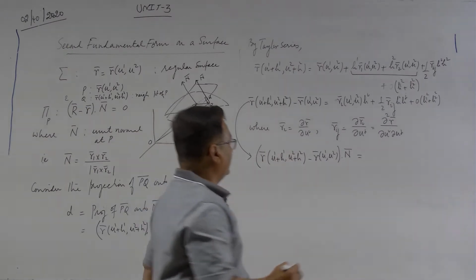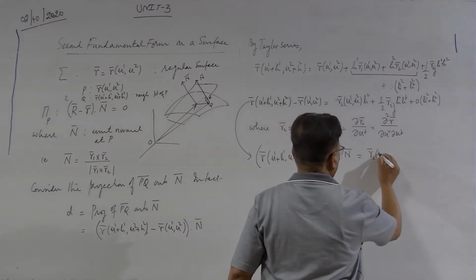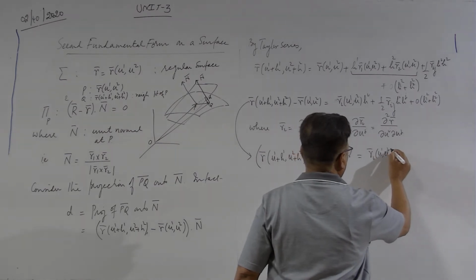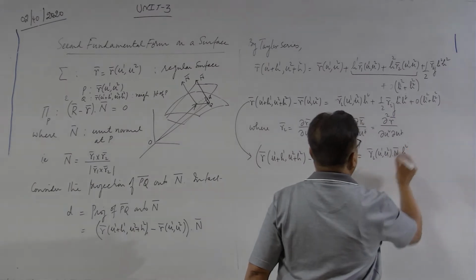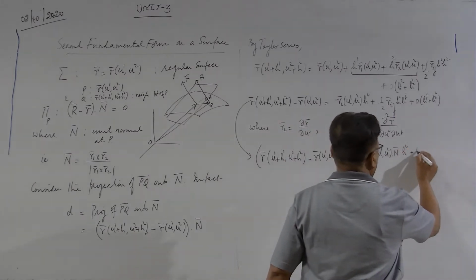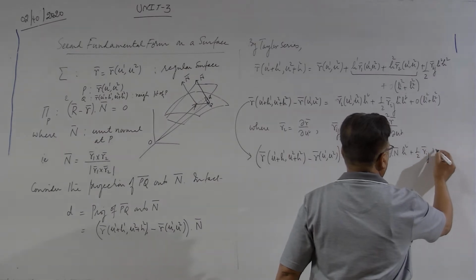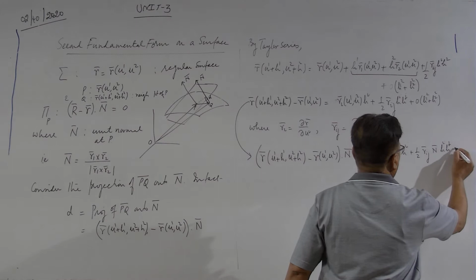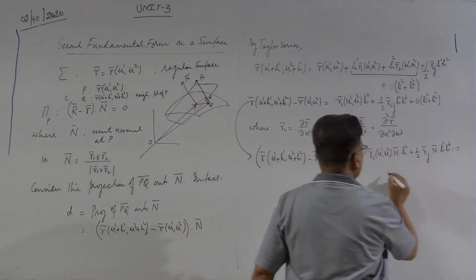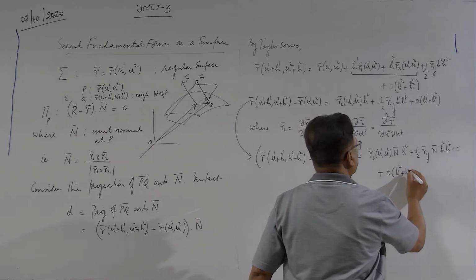On the right side also you will be having r_i(u1, u2) dot n into h_i plus half r_ij dot n into h_i h_j plus terms of the order of h1 square plus h2 square.